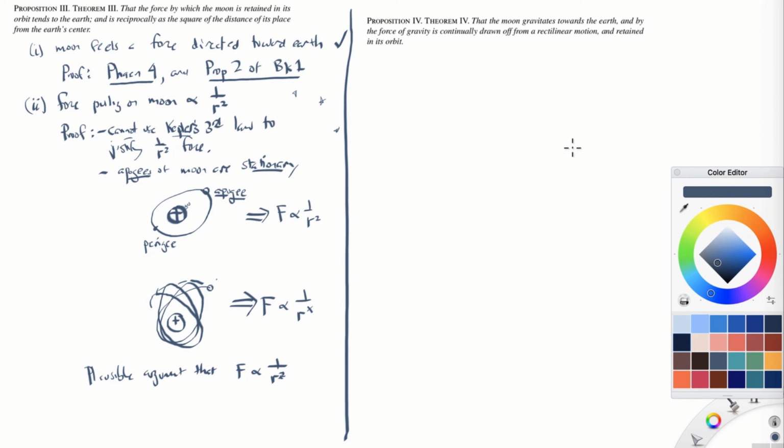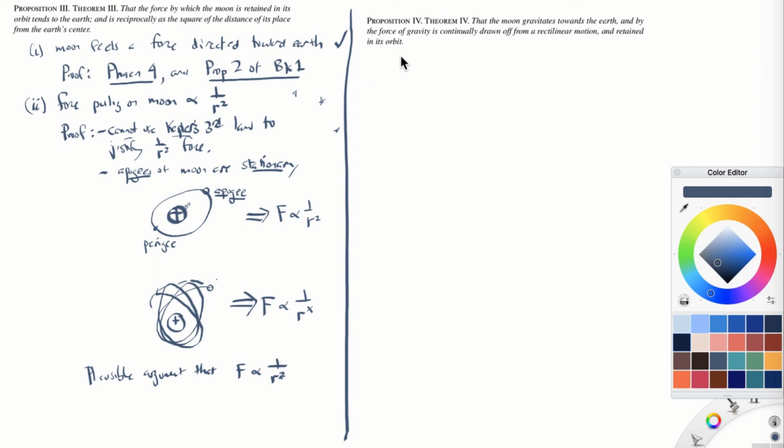Okay, so here we are, proposition 4, theorem 4. That the moon gravitates toward the Earth, and by the force of gravity is continually drawn off from a rectilinear motion and retained in its orbit. Okay, so the moon goes toward the Earth and is maintained in its orbit by that force.